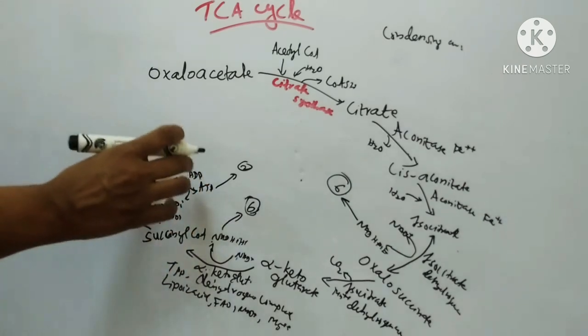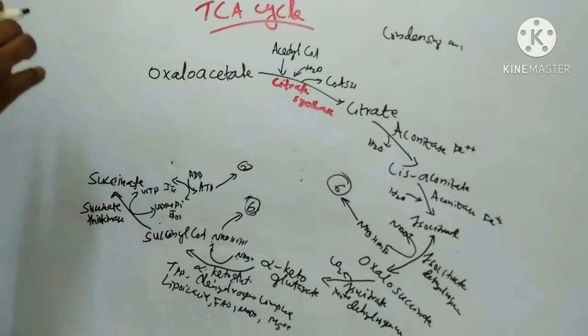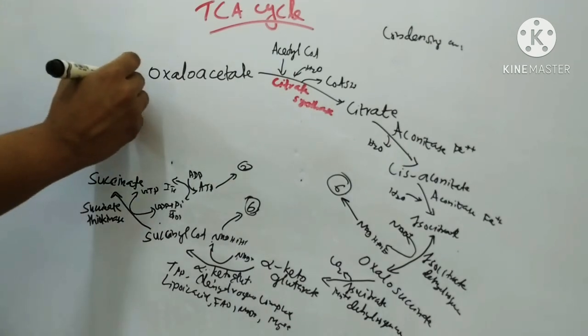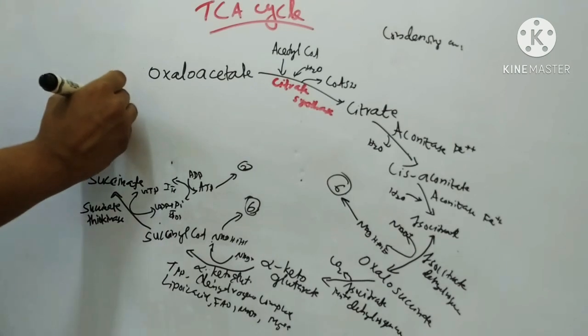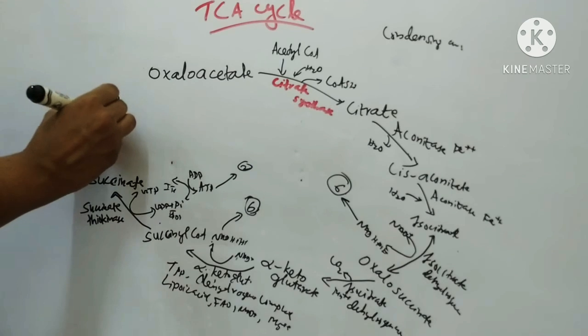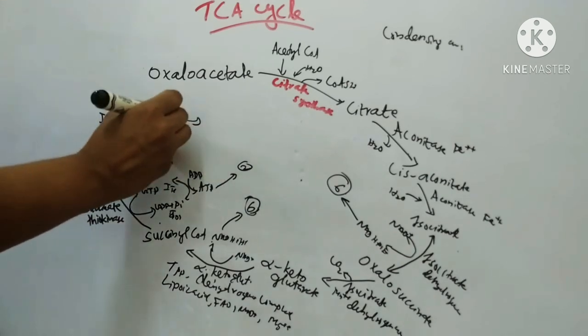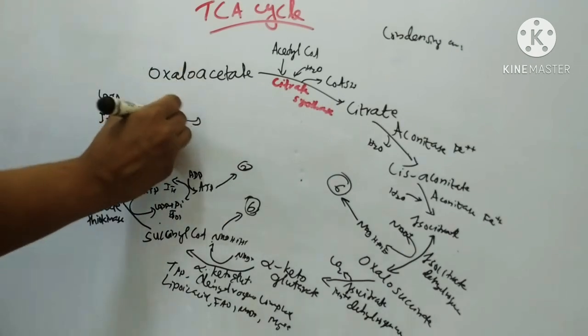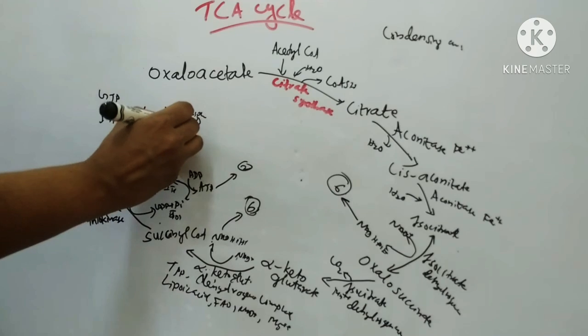The high energy phosphate bond formed is cleaved by the enzyme nucleoside diphosphate kinase, so ATP is produced.